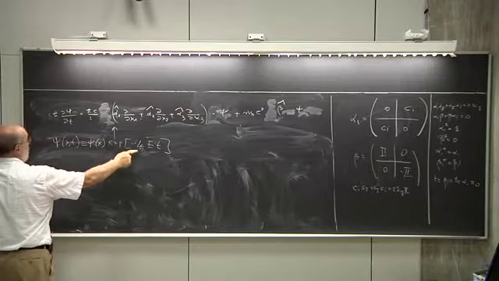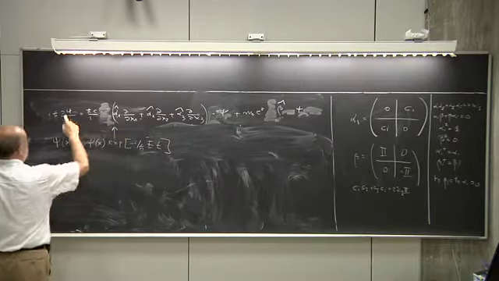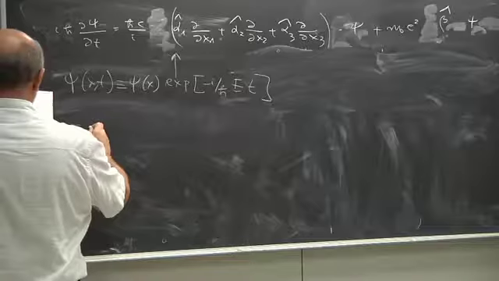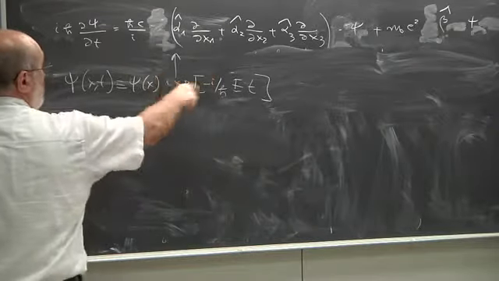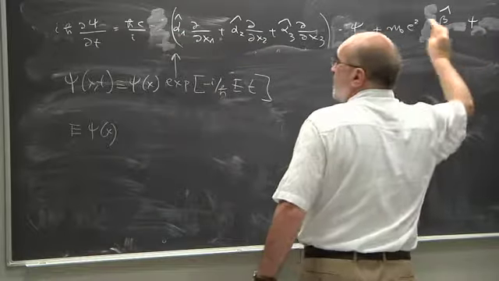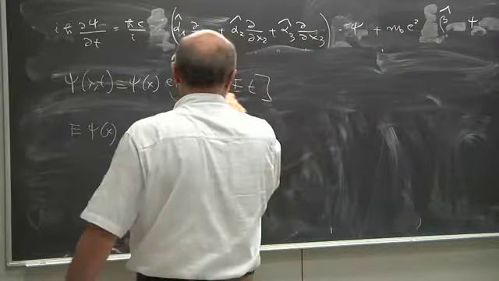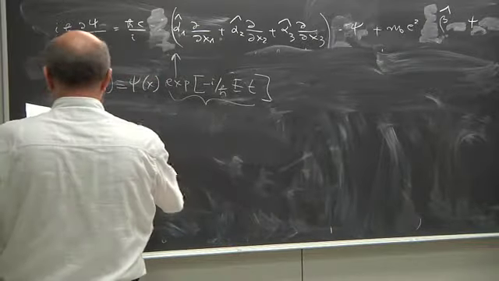Minus i times i gives plus 1, the ħ in the denominator cancels this ħ, and you are left with E. So you get Eψ(x) times the exponential. But the exponential remains also on the other side, because nothing touches this exponential, so we can cancel it. And at the end, the equation is this.